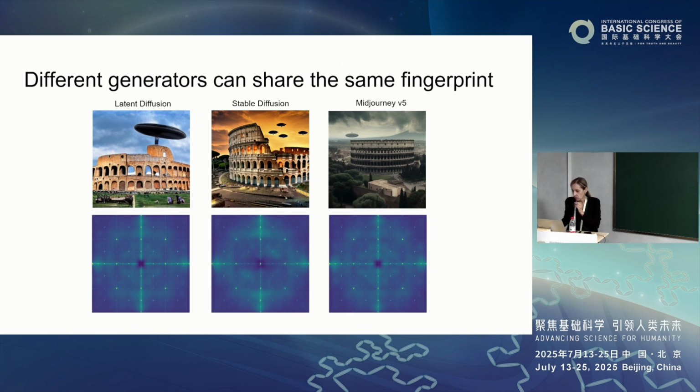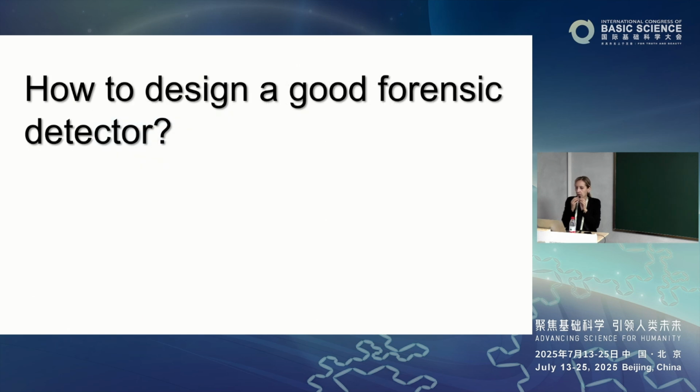Okay, so how can we design a good forensic detector? I've only said that there are artifacts, even if an image looks very realistic, but we actually want to develop a method that can help us detect real from fake.